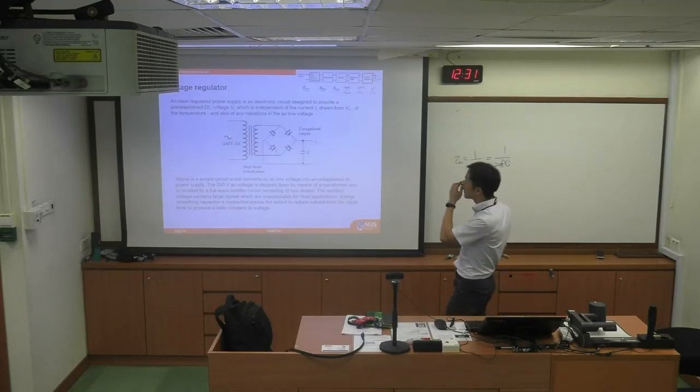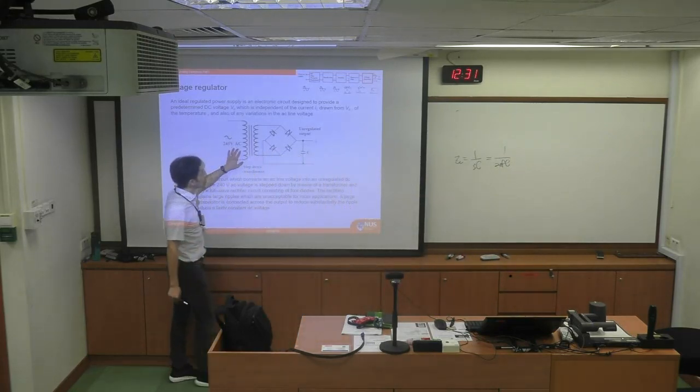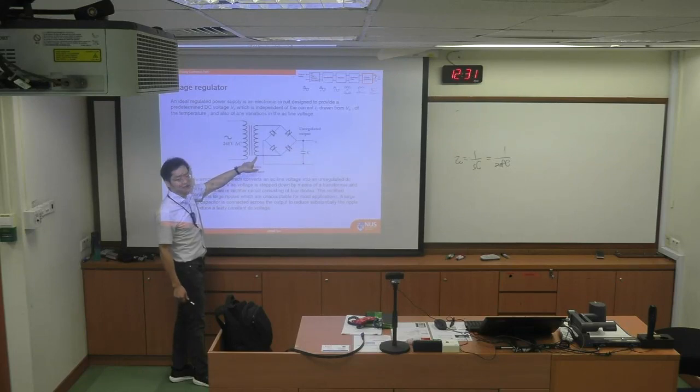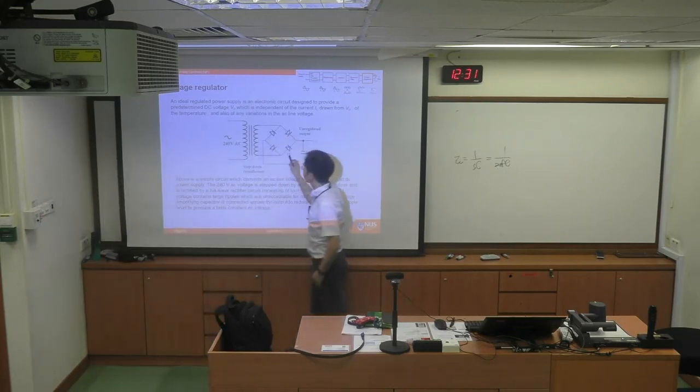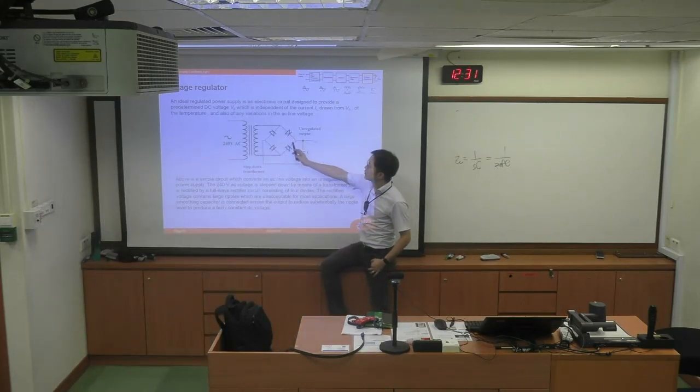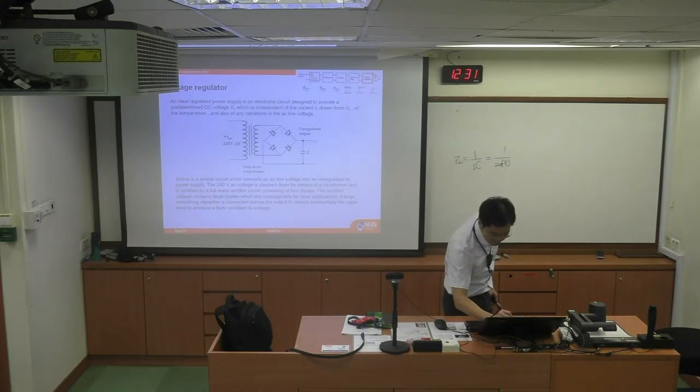So let's take a look at the voltage regulator. You have the transformer that steps down the AC. You can see the number of turns in the secondary is less. That implies the voltage will be less in the secondary. And after the rectifier, this is called a full bridge rectifier, your voltage will be unidirectional with the capacitance, but the output level will be fluctuating like this with some DC voltage.